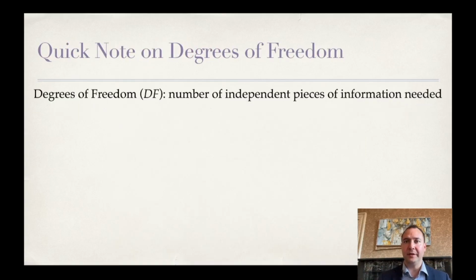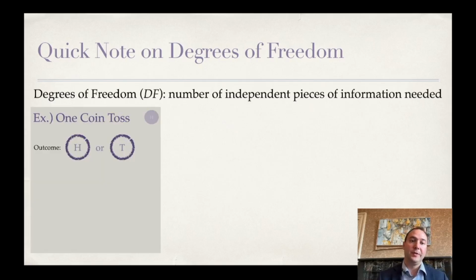Okay, let's take a moment just to talk about degrees of freedom in statistics. Degrees of freedom, usually annotated as DF, are the number of independent pieces of information needed in a calculation. So let's think about the example of a coin toss. If I flip a coin, the outcome is either heads or tails.